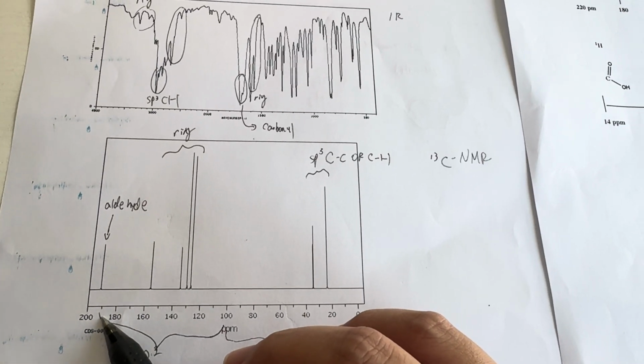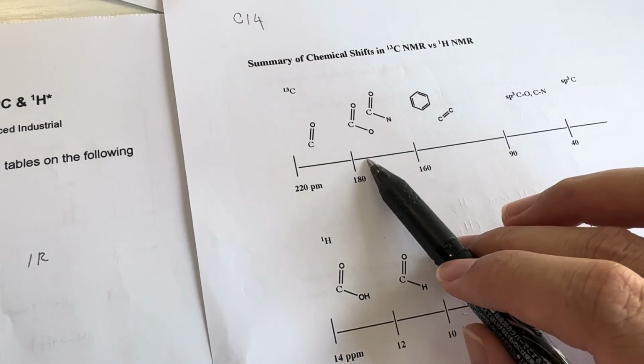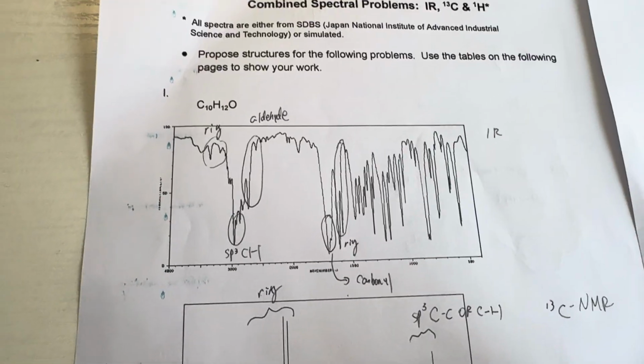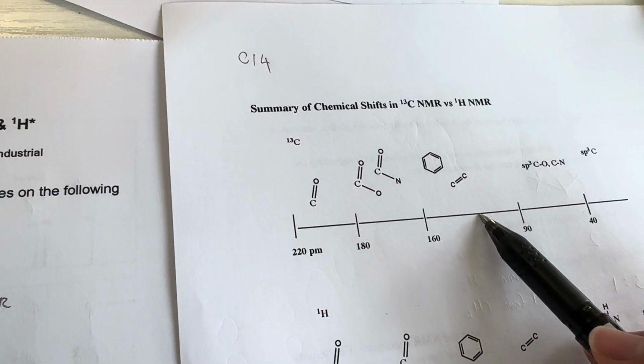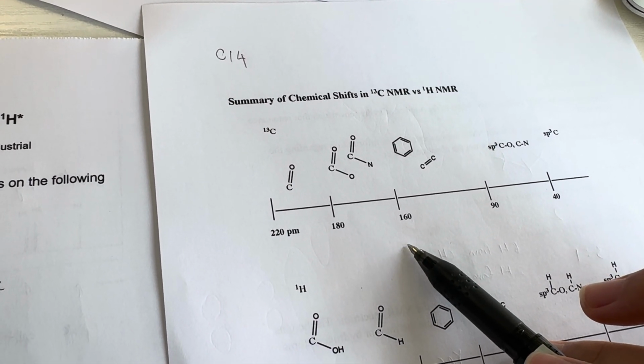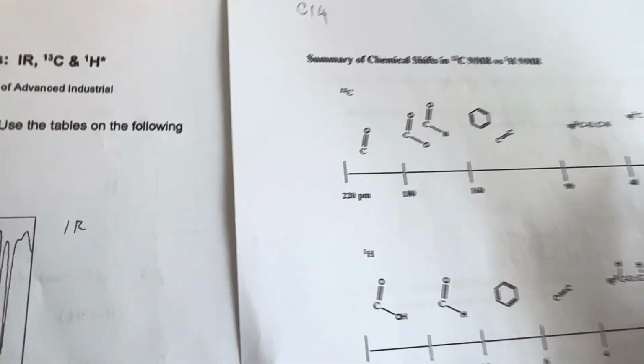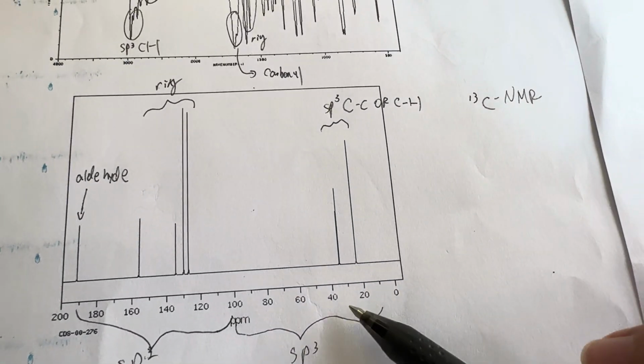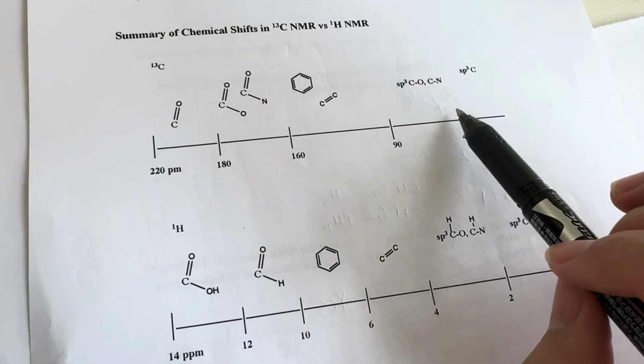For example, on 190 here, we got the aldehyde, and then from 120 through 160, so this 120 is going to be in the middle between 90 and 160, it's an aromatic ring here. And then from the rest, 0 through 40, we got sp3.